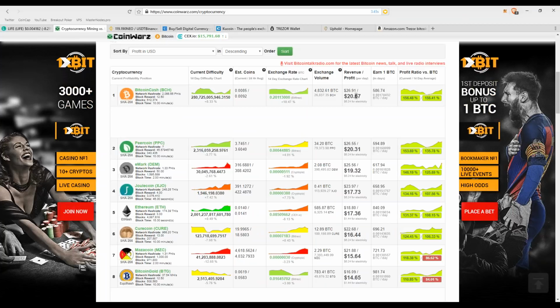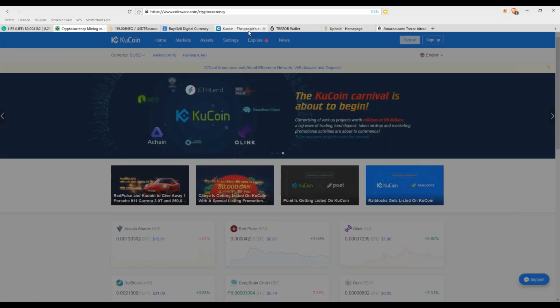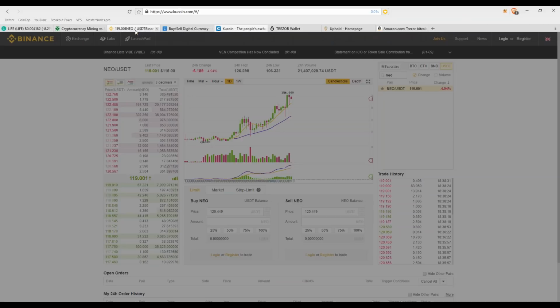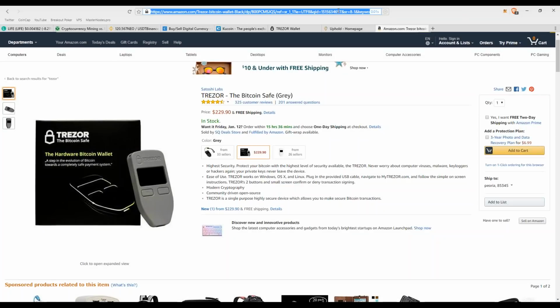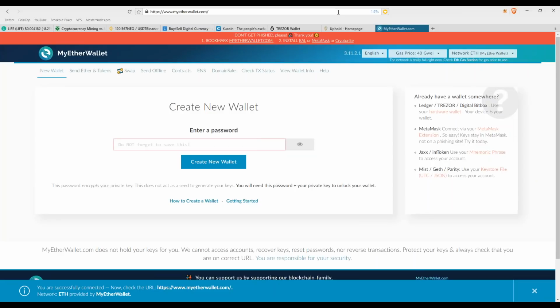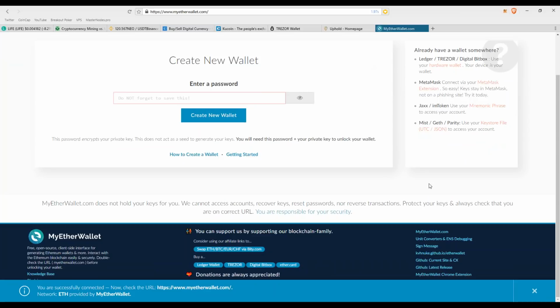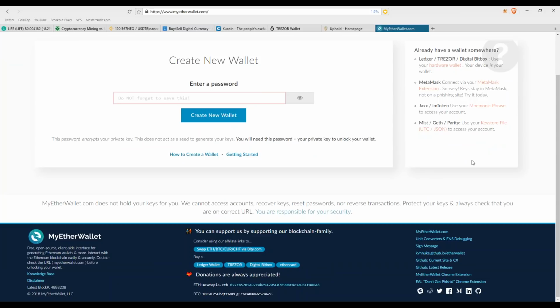If the hardware wallet does not store altcoins, what would be the other option that you would recommend for storing altcoins? It depends on the network that the altcoin is on. Like my Ether wallet: if it's based off of the Ethereum platform, I would store it here, because you can store it on a Trezor. They're over here on the right-hand side.